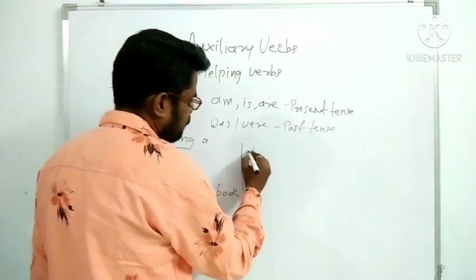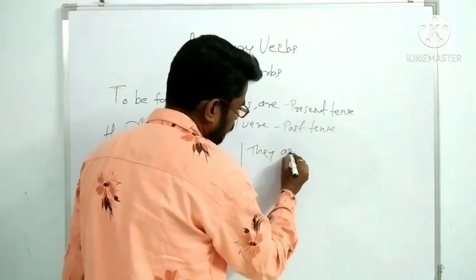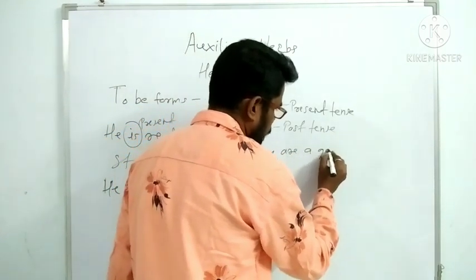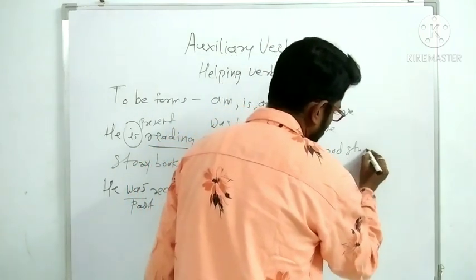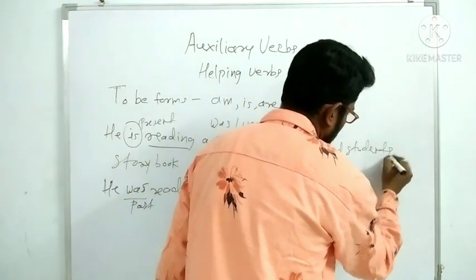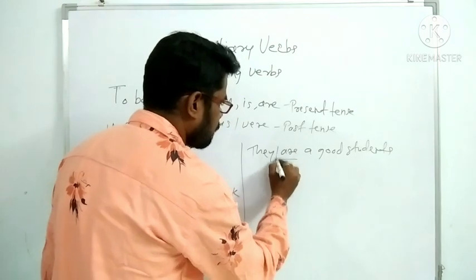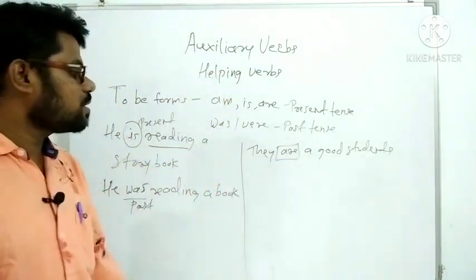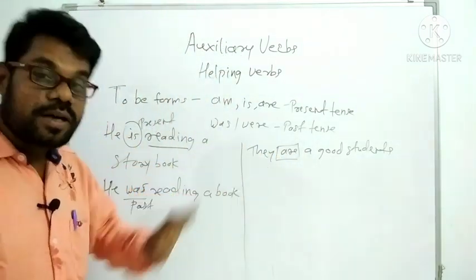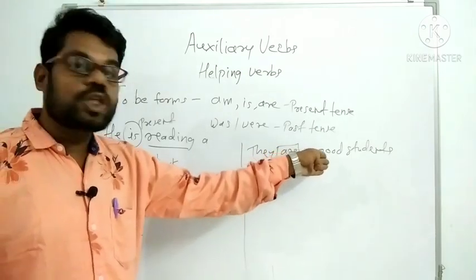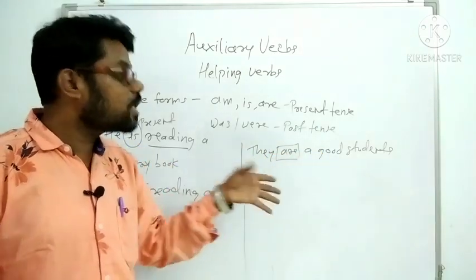See, they are good students. But see here, are is used as a main verb. See, because after that are there is no other main verb. So, they are good students.